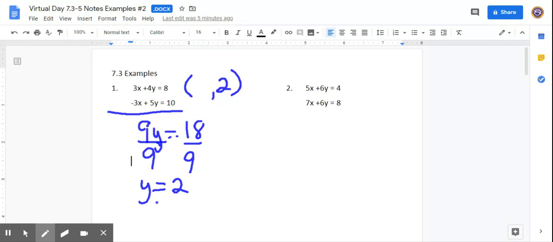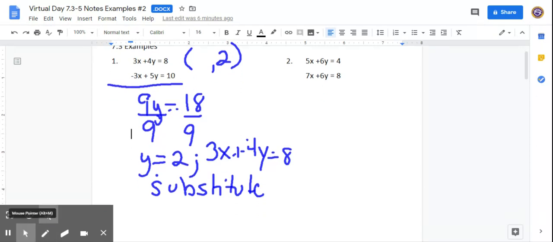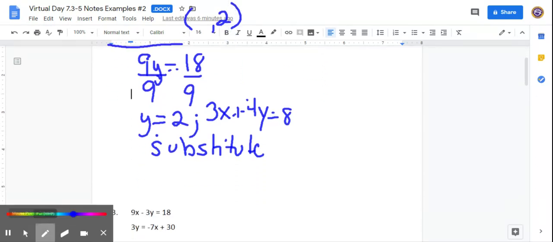So we know y equals 2. We go up and we pick an equation. Doesn't matter which one you pick. I'm going to pick the top one, 3x plus 4y equals 8. And now we're going to substitute. We're going to take the y equals 2 and plug it into the equation.